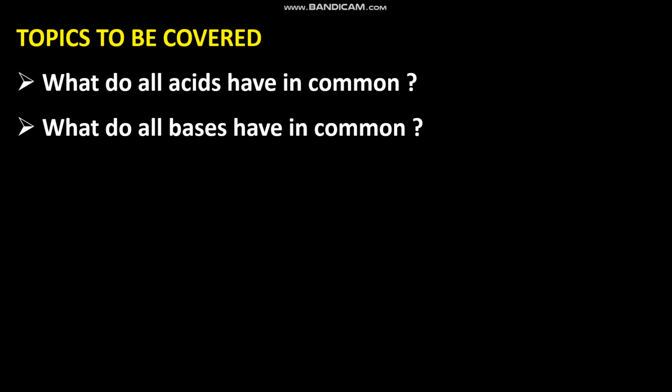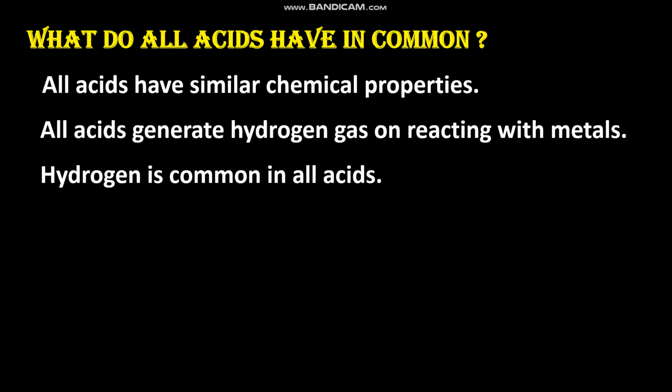Today we are going to learn what all acids have in common and what all bases have in common. So let us see what all acids have in common. All the acids have similar chemical properties. You have learnt already all the acids are sour to taste and they turn blue litmus red.